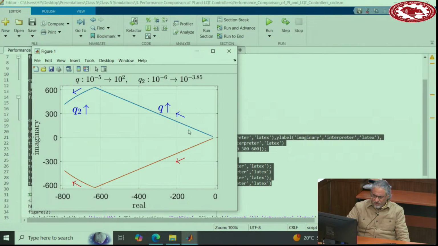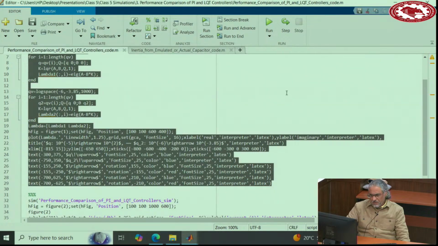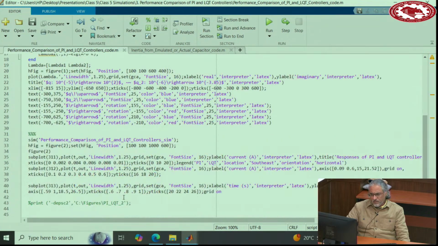So you increase Q up to certain point, and then you increase Q2. Okay. We'll run a few cases like this later, so you will get to understand better. And then this is the design stage, and then after that you can run the simulation and then plot the simulation results. All right.